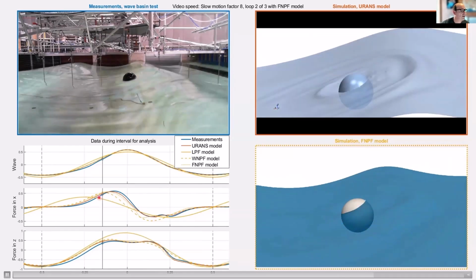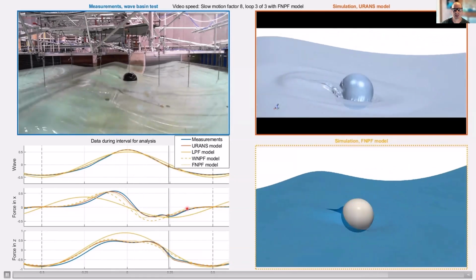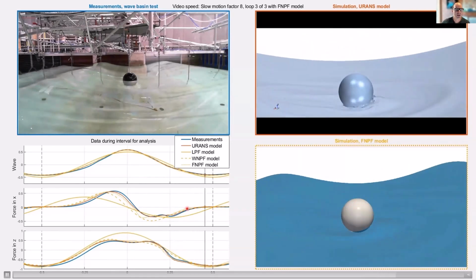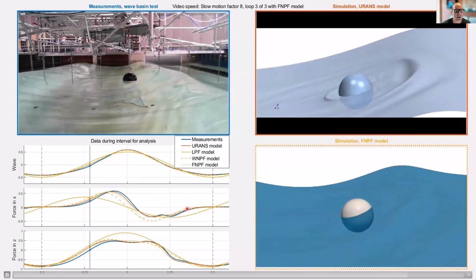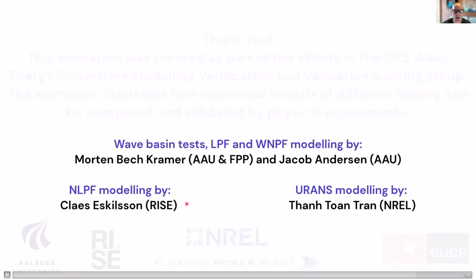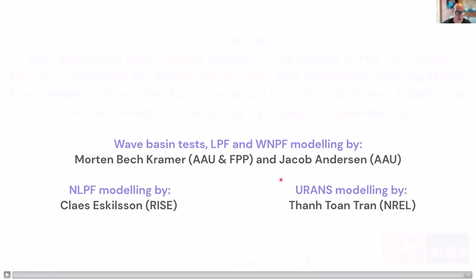The most accurate one is this advanced CFD model, which is a very complicated model, and it's time consuming to set up and run. What is important to note here is that when we increase the fidelity, we get a closer match to the experiments, and we could see that the experiments were good to validate and assess the accuracy of these numerical models.